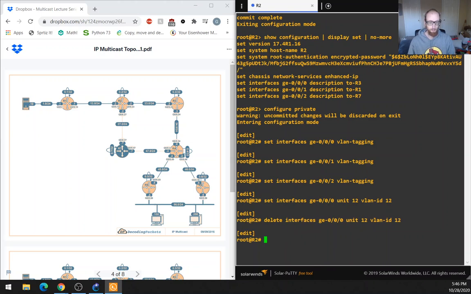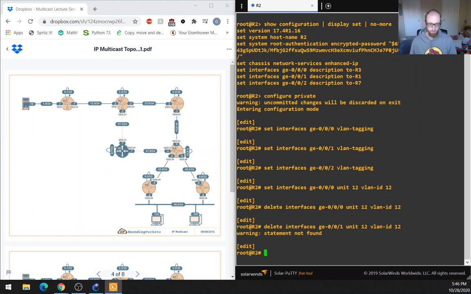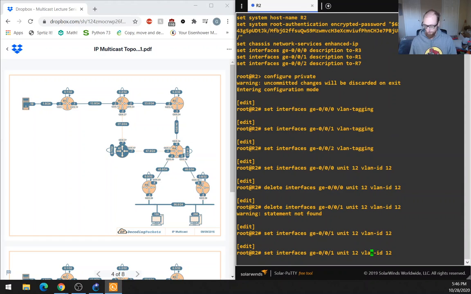So you can delete that. This is going to router 1, so it's going to be 1. It's going to be unit 12, unit ID 12. Okay, and then we've got another one required for the port facing router 7, which is going to be 2.